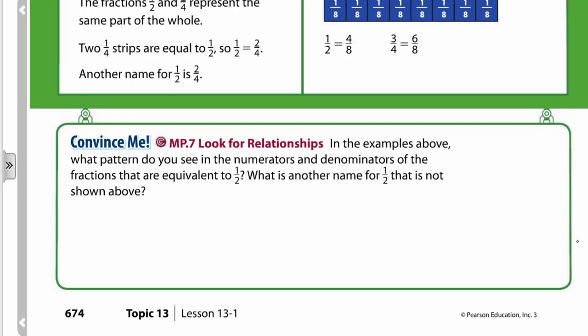At first, what is the meaning of equivalent? The equivalent fractions represent the same part of the whole. So let's go up and see which fractions represent the same part of the whole.